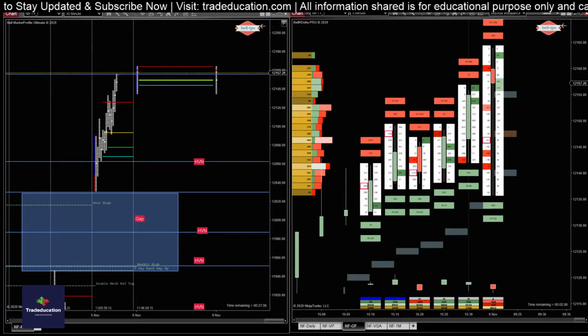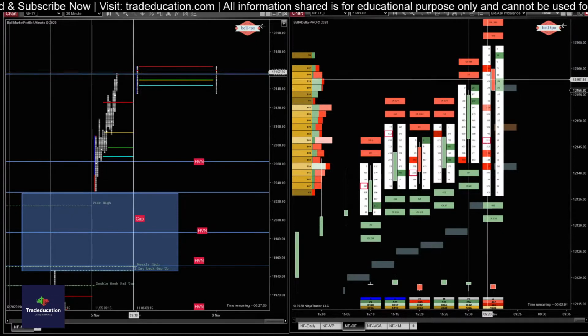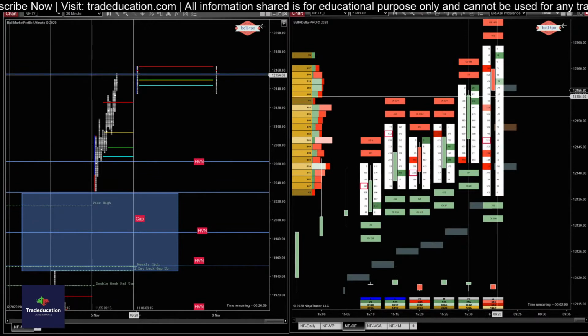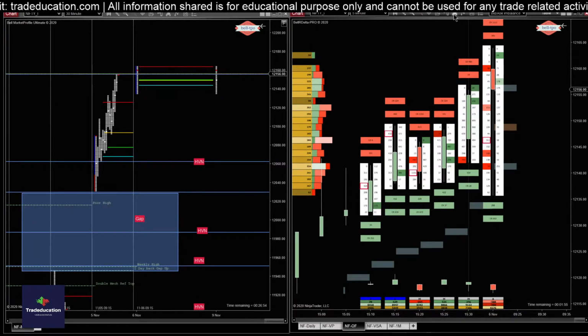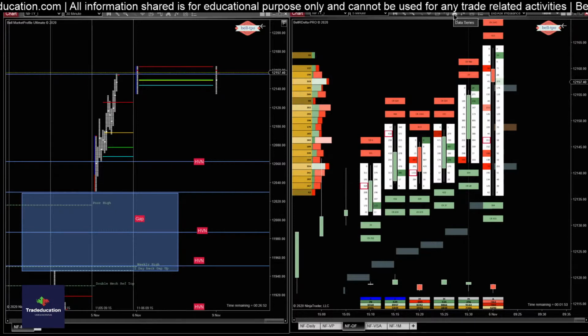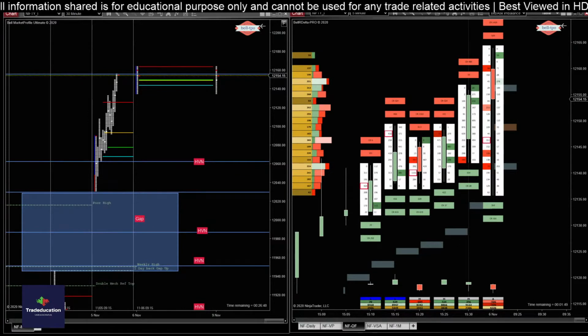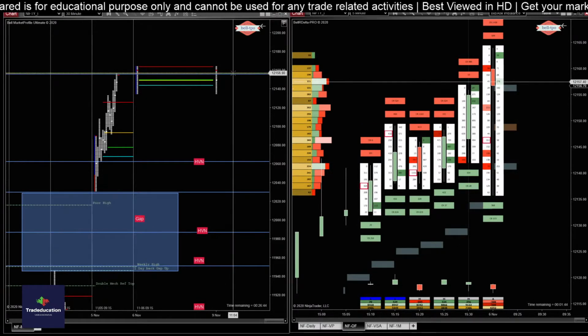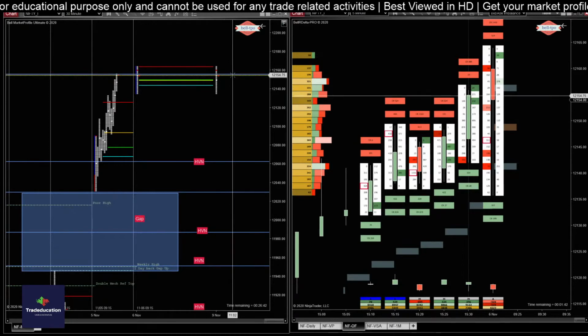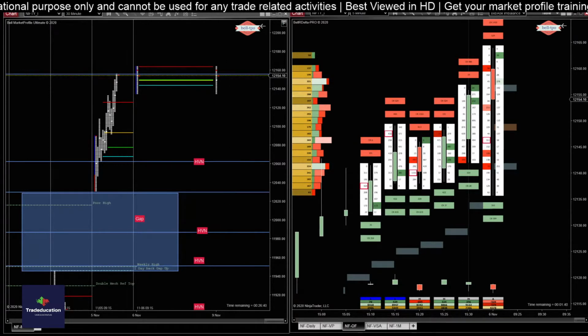So how are buyers stepping in? If you study the wicks, pretty good wicks forming, showing some buying strength. And now we are just tagging the high of yesterday and chopping around that level.